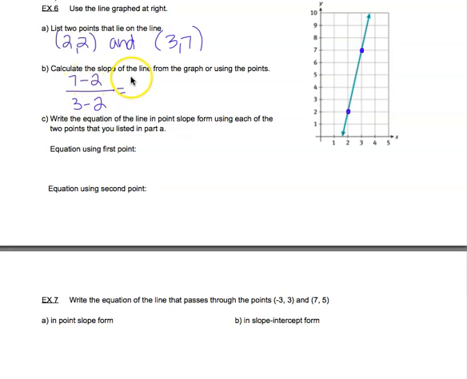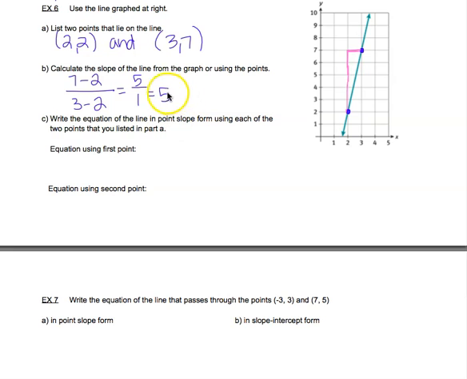So 7 minus 2 is 5, 3 minus 2 is 1. So hopefully I get a slope of 5 when I count rise and run as well. So let me just draw out that triangle. My rise, 1, 2, 3, 4, 5. My run, 1. So yes, I've confirmed it. It does give me the same thing.